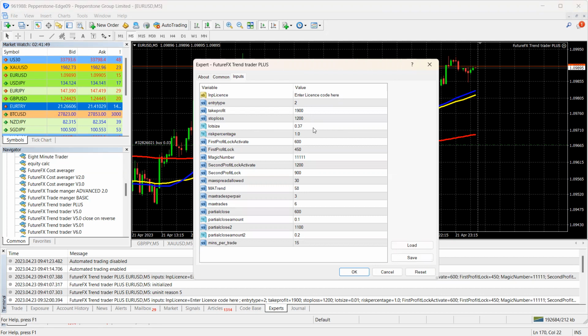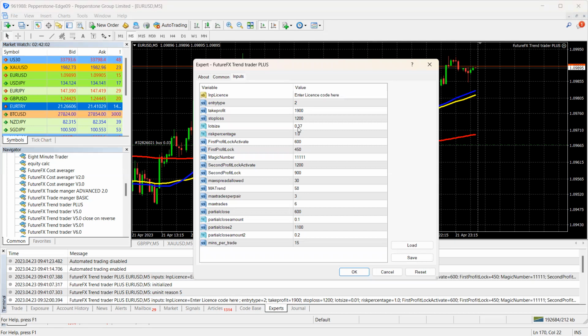Indices and other instruments can be different though. On Pepperstone, the minimum lot size on indices is 0.1, and so there's no second decimal. So you can have 0.1, you can have 0.2, 0.3, but you can't have 0.37.